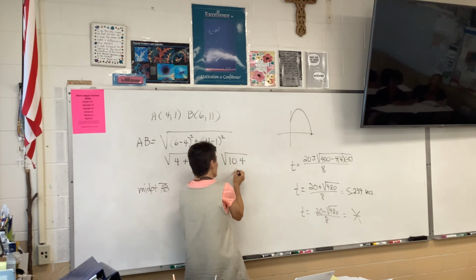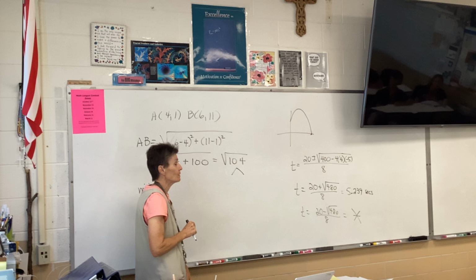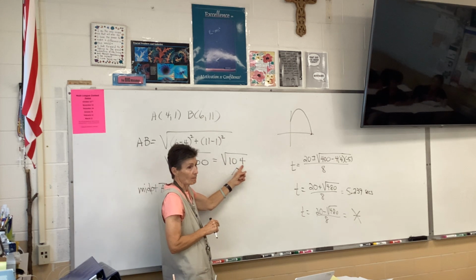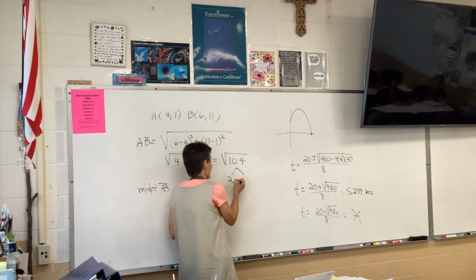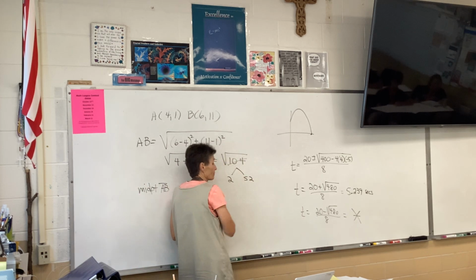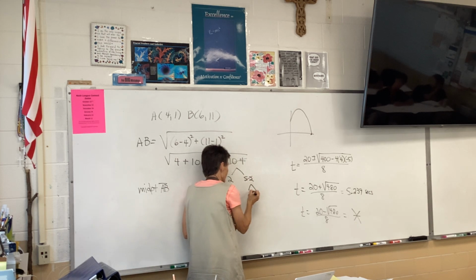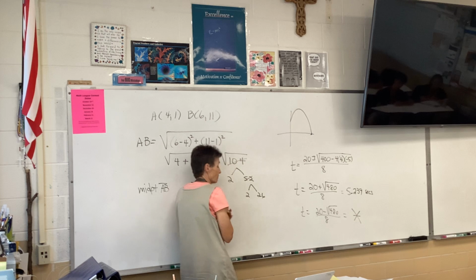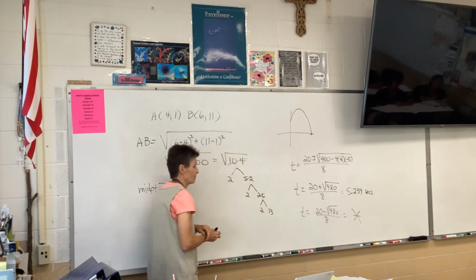Now, you break it down whatever works for you. When I see an even number, I usually think about dividing by 2. So 2 times 52, 2 times 26, 2 times 13. Now I'm done.